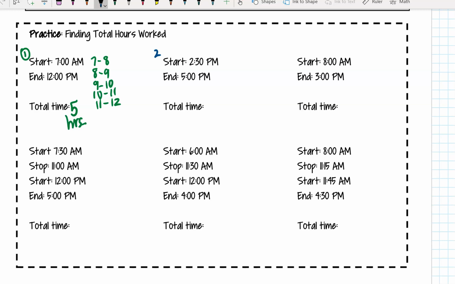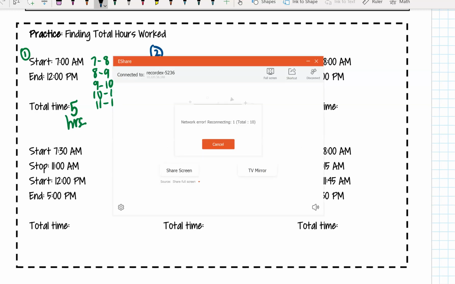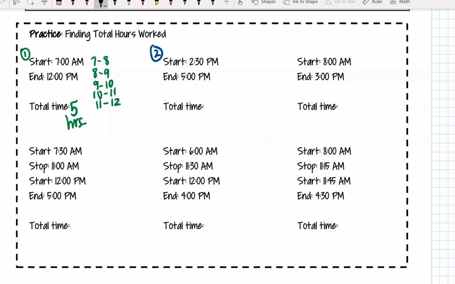So what about the second one? From 2:30 p.m. to 5 p.m. How many total hours did we work that day? Winnie? 2.5. So let's count it out. 2:30 to 3:30, that's 1. 3:30 to 4:30, that's 2.